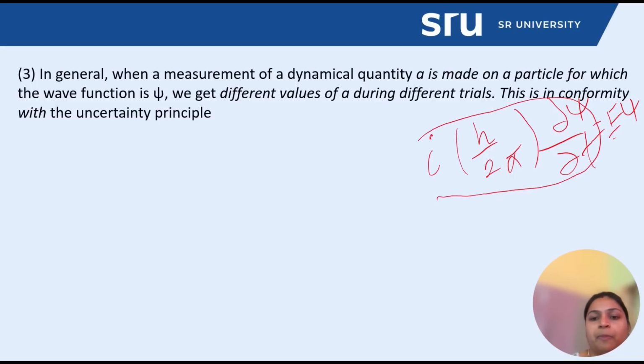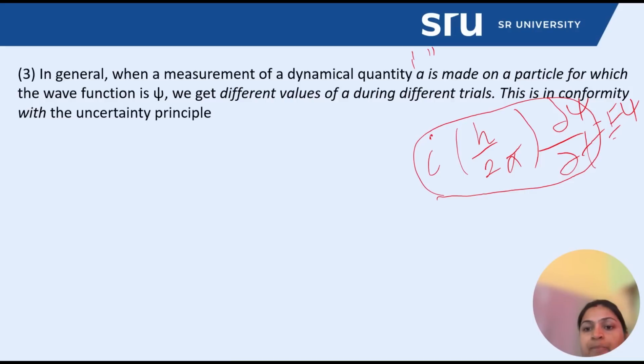Now coming to the third postulate, which states that when a measurement of a dynamic quantity, let's say A, is made on a particle for which the wave function is psi, we get different values of A during different trials.